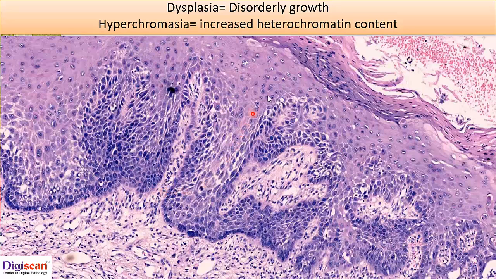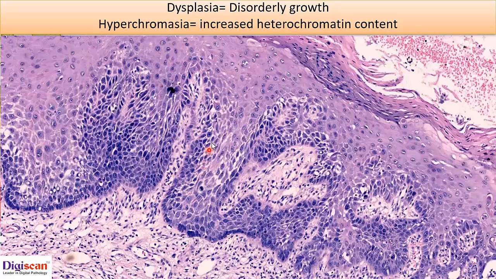Here we can see that even the cells which are present in the parakeratin layer are slightly larger in size and they are hyperchromatic in nature. So this is a sign of dysplasia of the epithelium. Dysplasia has been traditionally divided into three grades, that is mild, moderate and severe, depending upon the amount of epithelium involved in the dysplastic process.